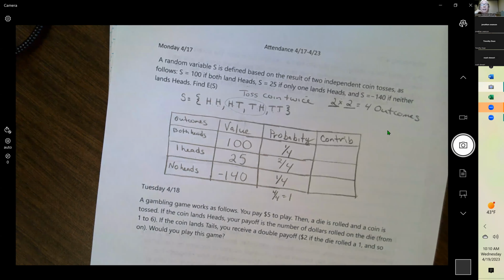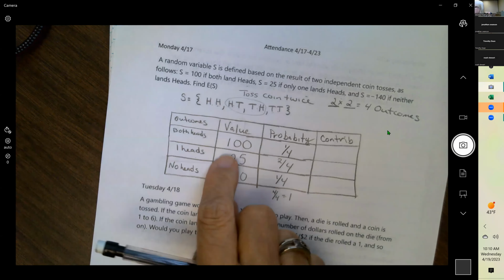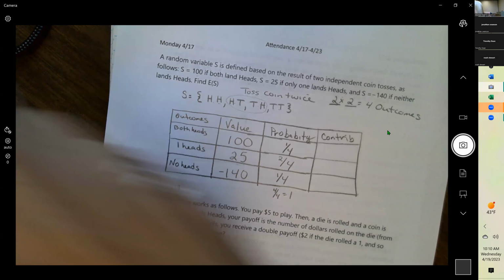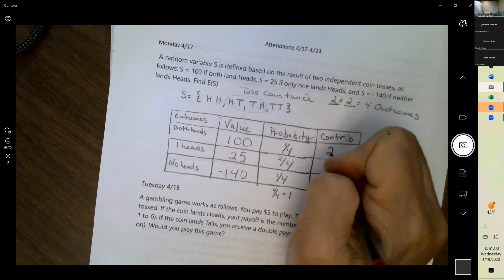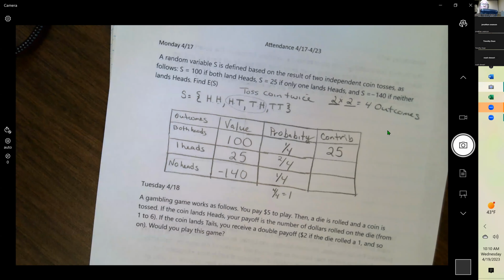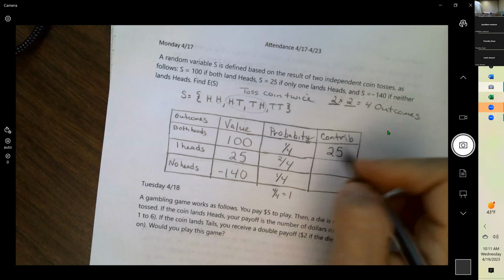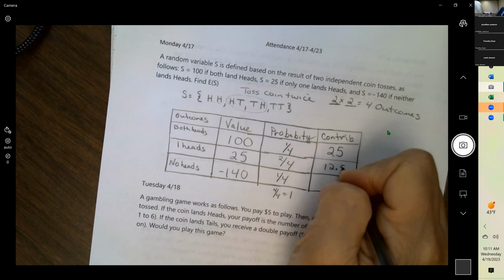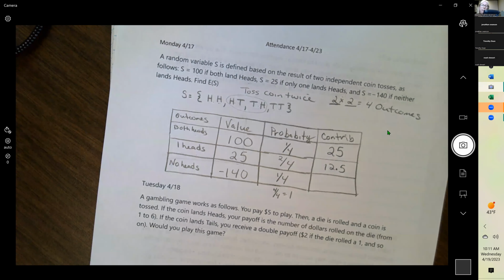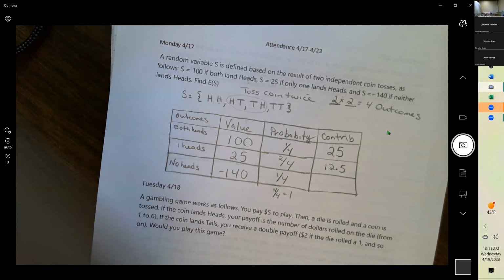Contributions, just multiply across. 100 times 1/4 is 25. Multiplying across, 12.5 and a -35.